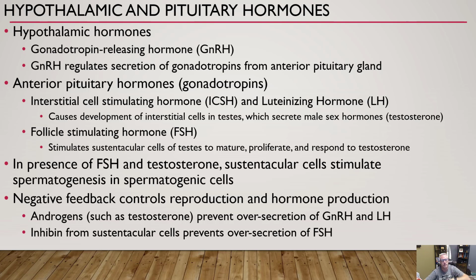So all these anterior pituitary hormones are kind of intermediate hormones that act on something else. So your anterior pituitary hormones, those are all called gonadotropins. Interstitial cell stimulating hormone, or ICSH, luteinizing hormone, LH.